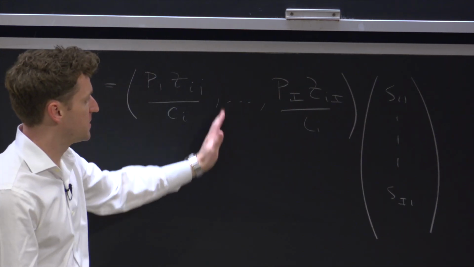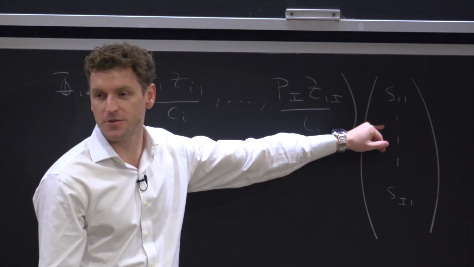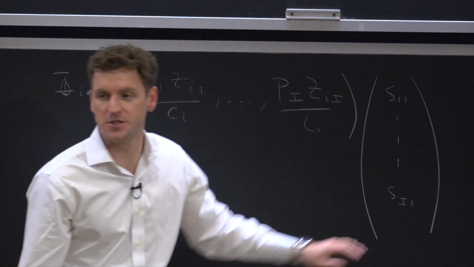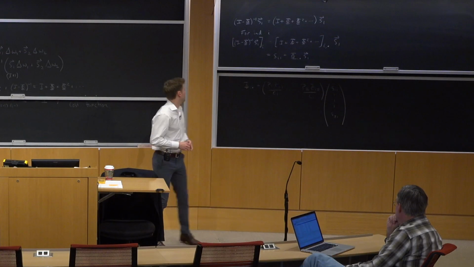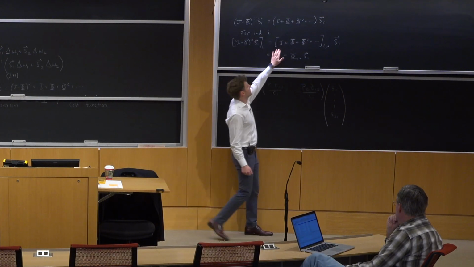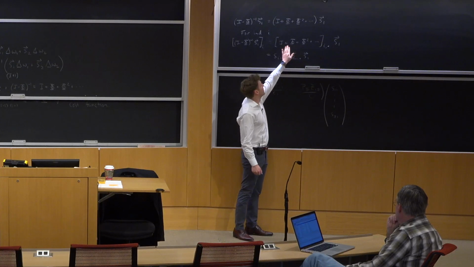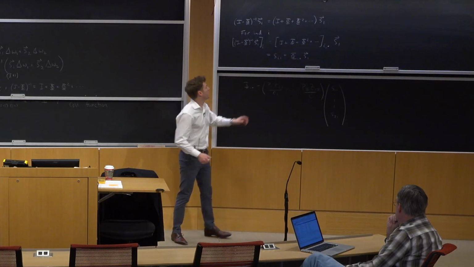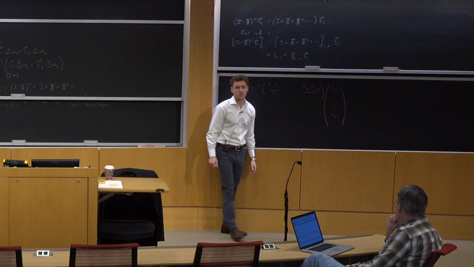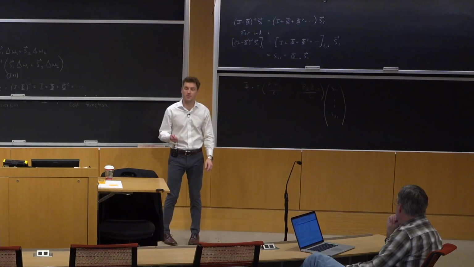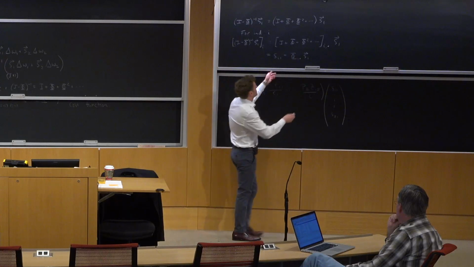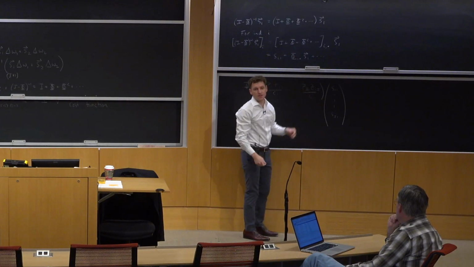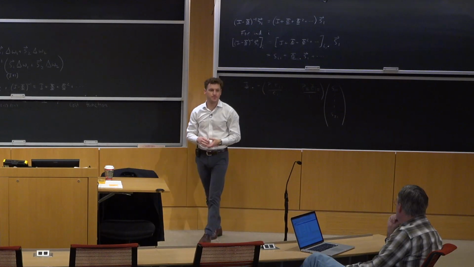What share of my cost is in sector 2? How much does sector 2 use oil? All the way up to what share of my cost is in sector I? How much does sector I use oil? So this term, the share coming from the second element of this sum, we usually call second order exposure to oil. Where the first term would be first order exposure to oil from your direct use of oil. We could go further out, but I think you get the point that phi squared is going to be your third order exposure to oil.